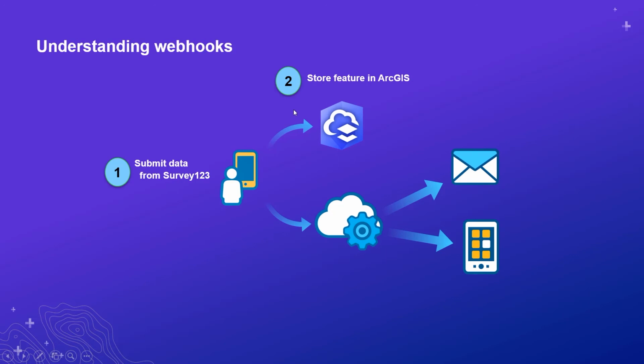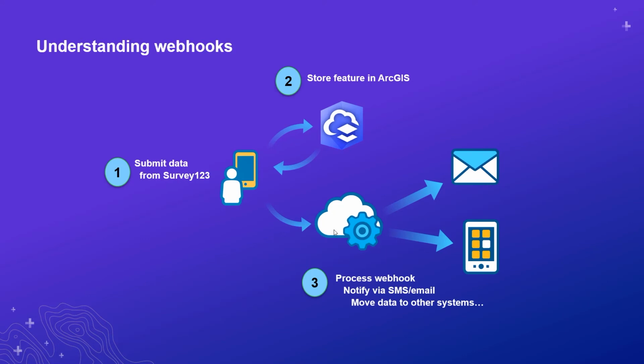If you have a webhook configured, once we get a response from ArcGIS into the application, we send a webhook call as you have defined. And we send through the webhook all the payload of your feature into a third-party system, the receiving end of the webhook. And this system can do things with your data.